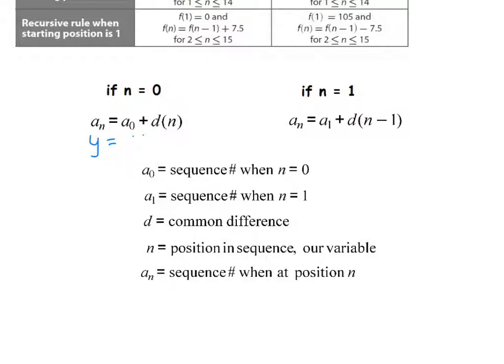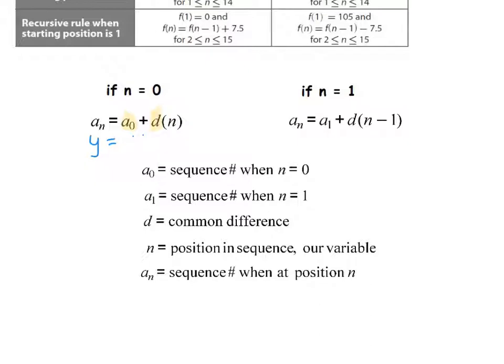So when you write this equation, a rule, these are the numbers you're going to be filling in. You're going to be filling in a sub 0, which is the very first number in the sequence when n equals 0, and you're going to be filling in the common difference. The a sub n is what we're used to calling y. And n is our variable.